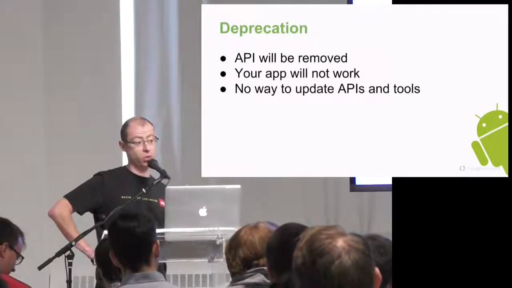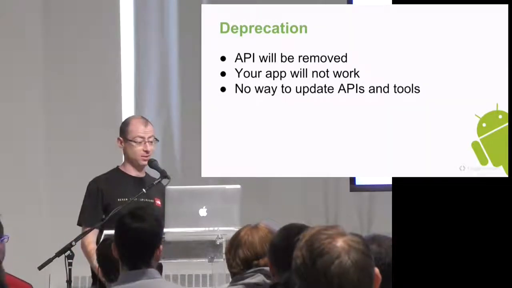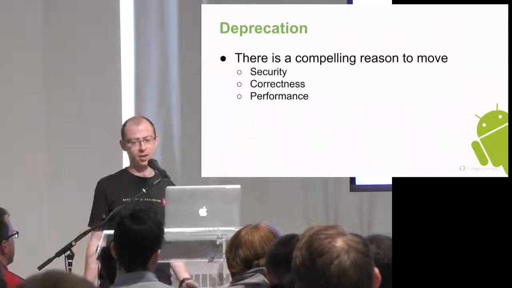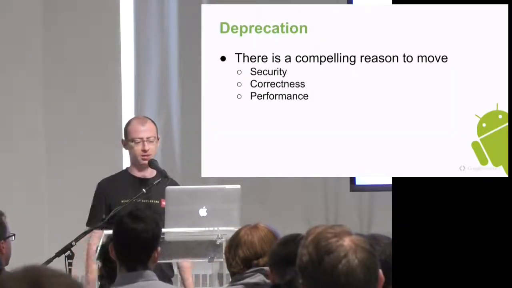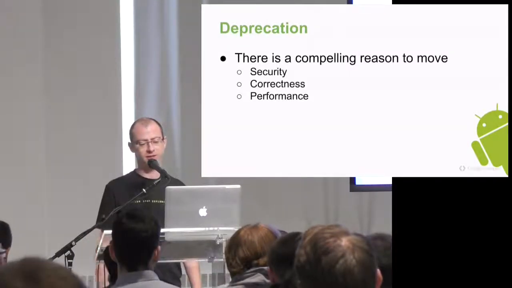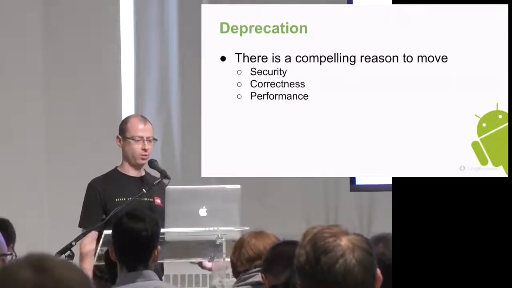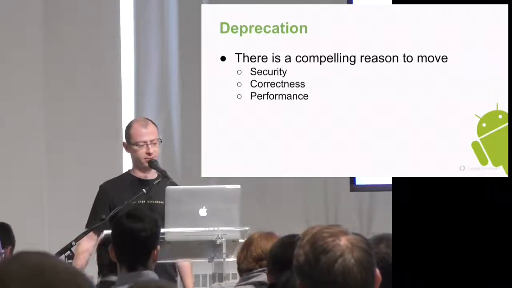Android version 3 was a long time ago. This is a bad thing. Please don't do it. And basically, if you ask, why do we deprecate APIs? Most of the time, there is a compelling reason to do so, especially around security, stuff that we fix, correctness, and of course, performance.